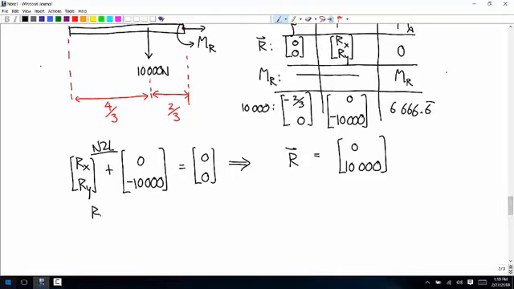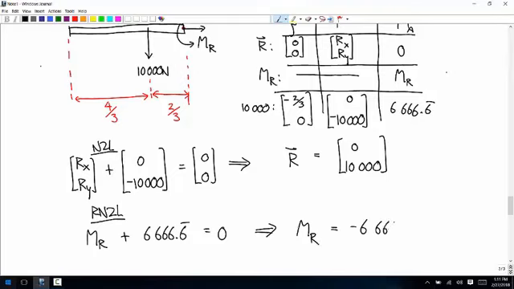And the moment equation says MR plus 6666.6 repeating is equal to 0. So MR is negative 6666.6 repeating. The units are newton meters for the moment for that couple, and for R it's newtons.